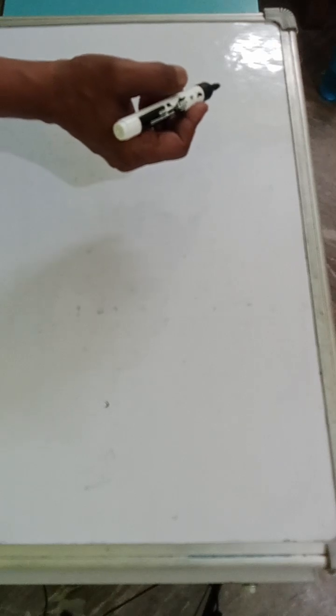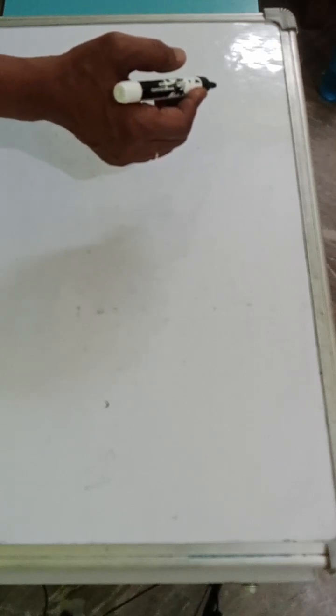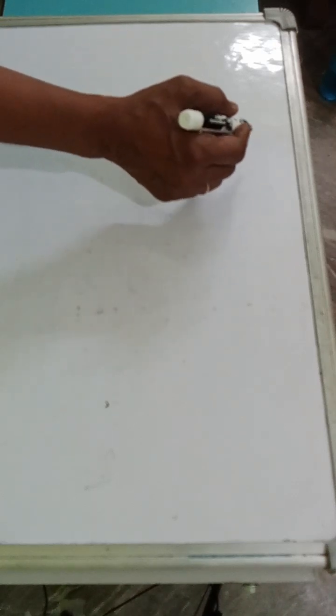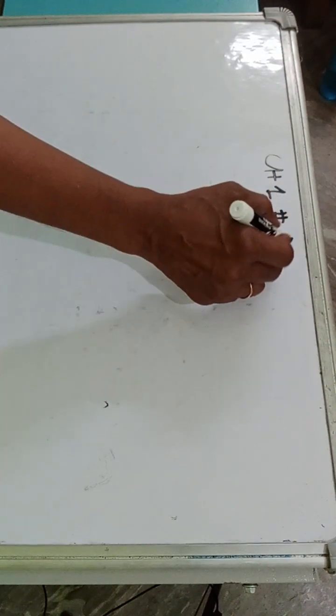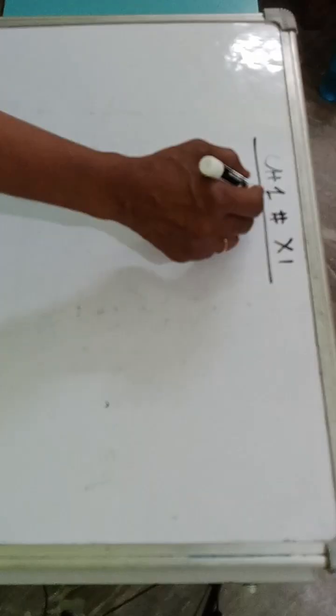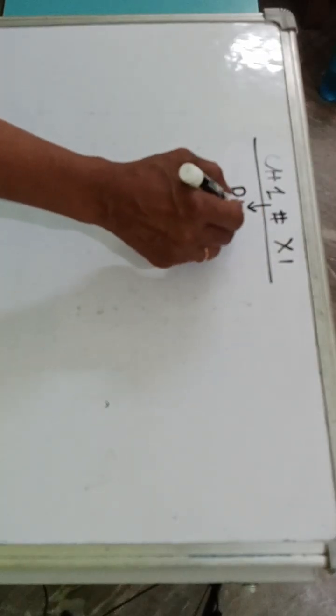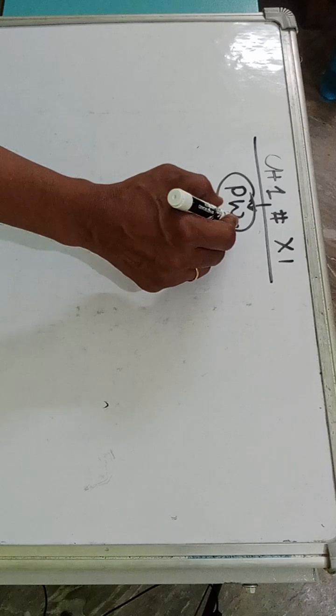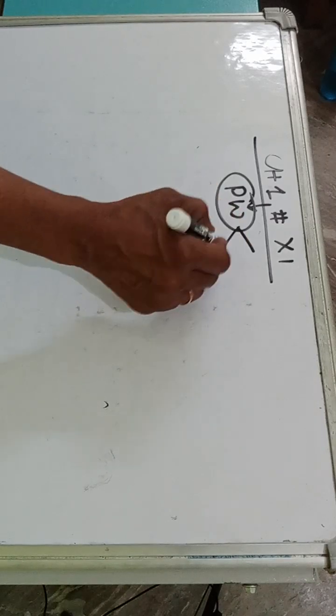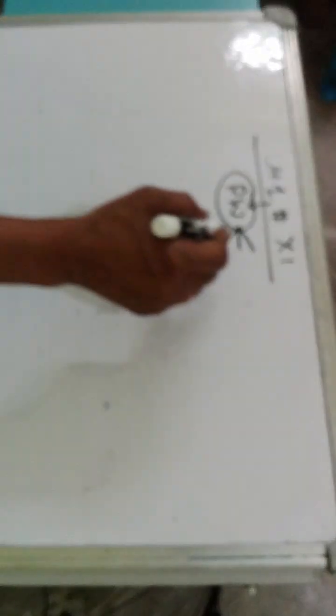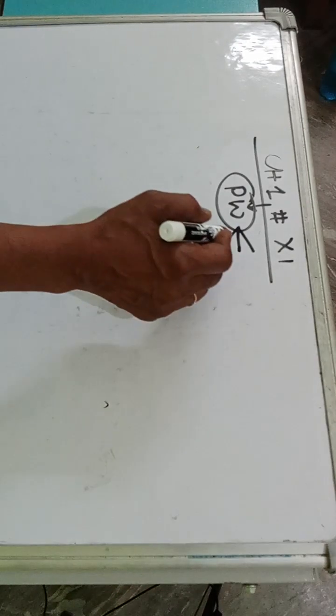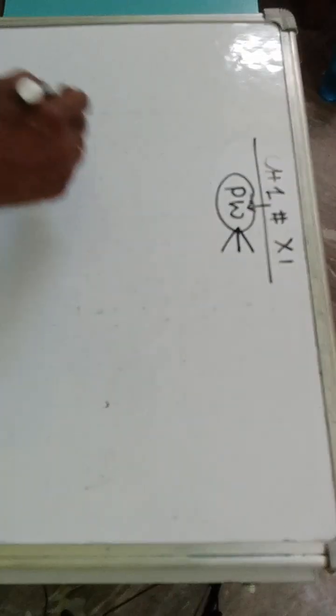Today we'll touch what is to be taught in chapter 1 of class 11 physics, that is our physical world, which gives a brief idea on what is covered in physics.